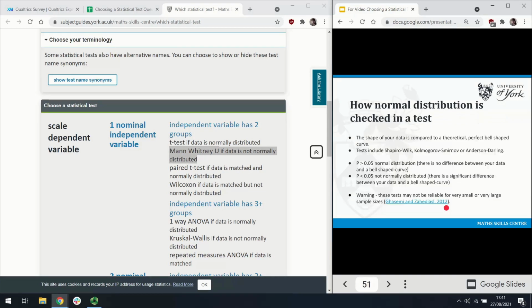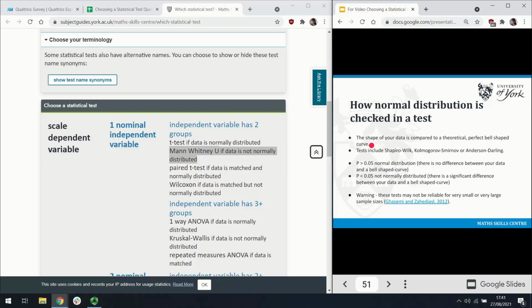We can also check normal distribution in a test though. So I like doing it visually, but I know that looking at a test gives you a sort of yes or no answer. So what the computer does, computer does all the work for you. The shape of your data is compared to this theoretical perfect bell-shaped curve, right?